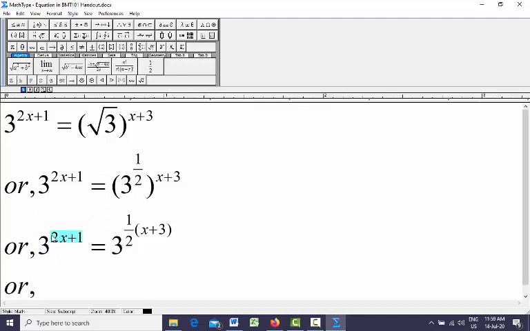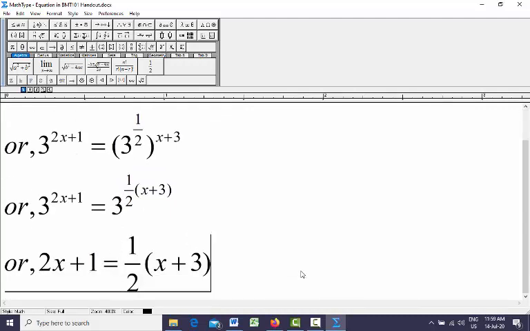Power in the left hand side will be equal to power in the right hand side. So twice x plus 1 will be equal to half into x plus 3.